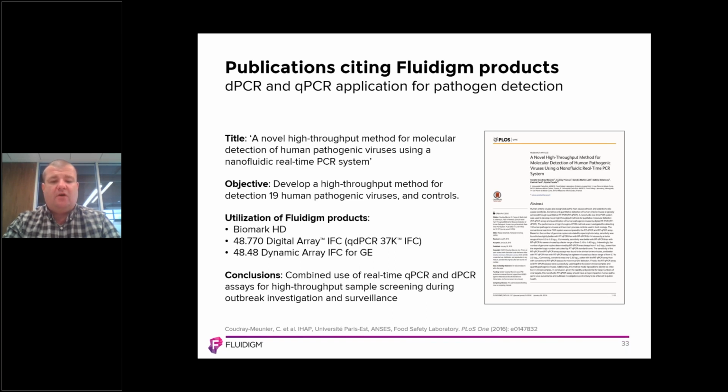In this example, the authors used the Biomark HD, the 48.770 digital array, and the 48.48 dynamic array. The conclusion in this paper showed that combined use of real-time PCR as well as digital PCR provide great assays for high throughput sample screening during outbreak investigation and surveillance.